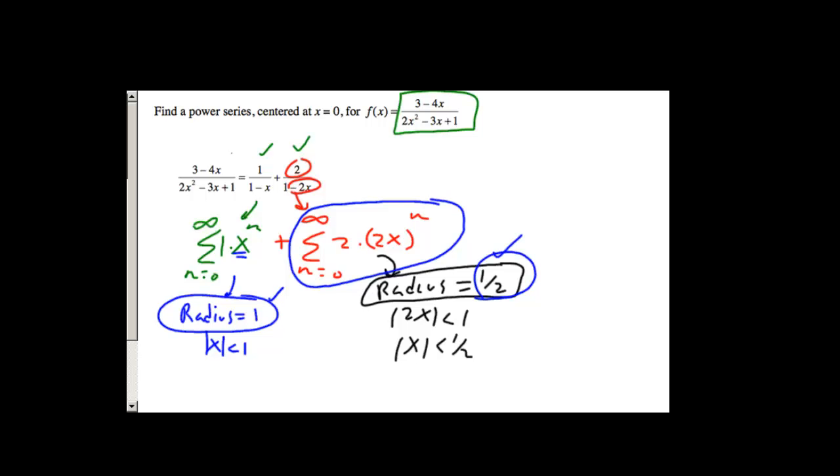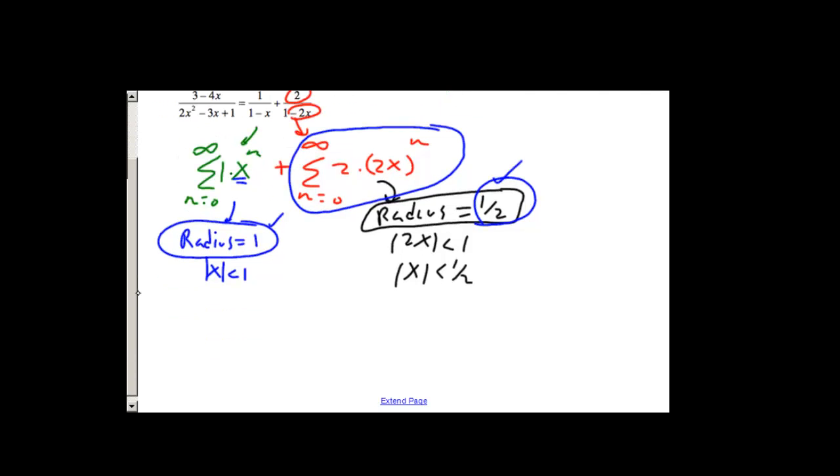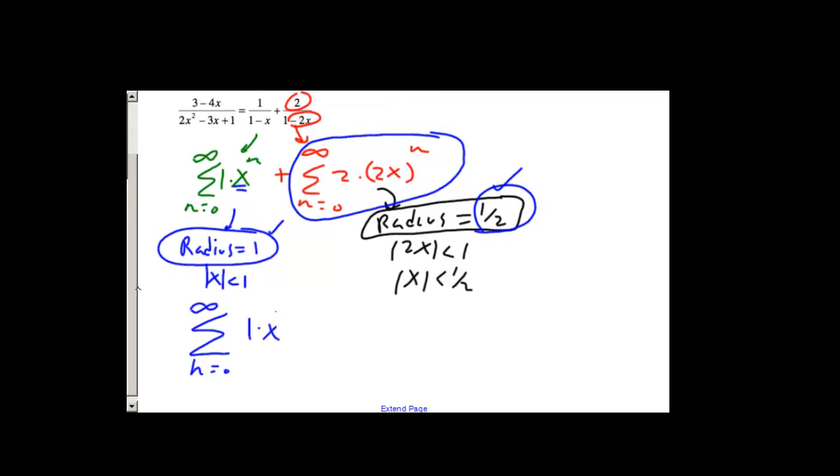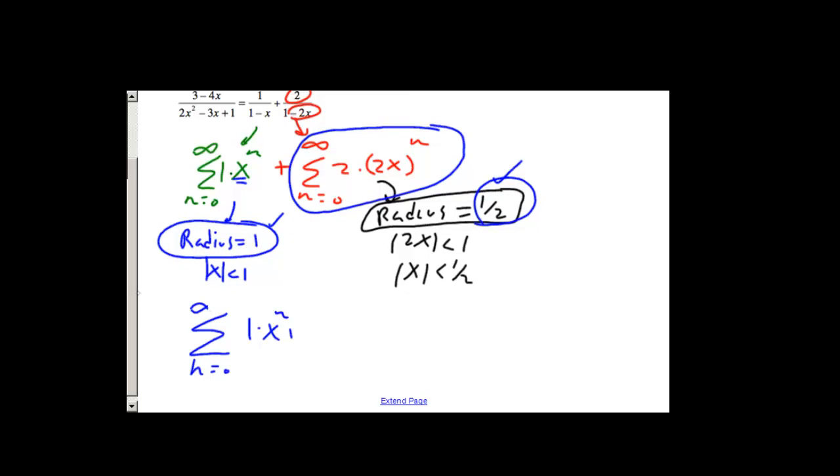So then we could rewrite this whole sum together as the sum from n equals 0 to infinity of 1 times x to the n plus 2 times 2x to the n. And it will have a radius of convergence of 1/2. Or in other words, the absolute value of x must be less than 1/2.